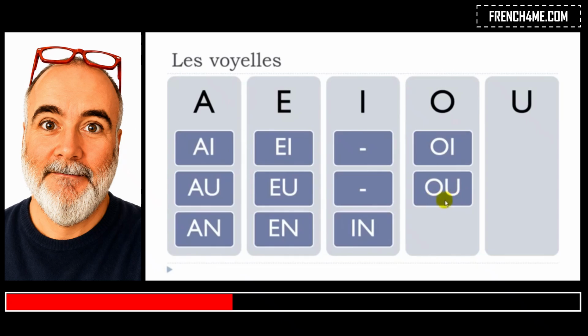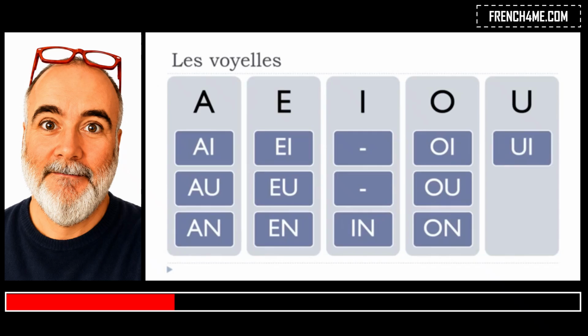As I said previously, one of the big difficulties for English-speaking persons is the difference between the ou here and the u here. Ou, u. You'll have the time to work on that, but it's ou in that case. If you combine it with N, then you will get the sound on. Same thing, nasal, so in your nose, on.